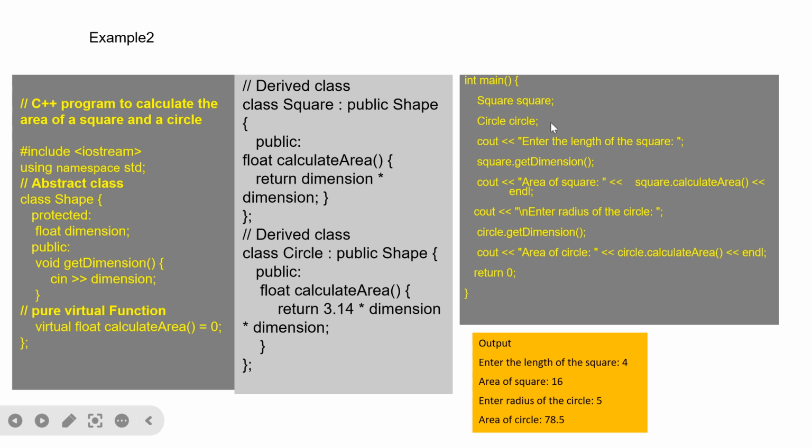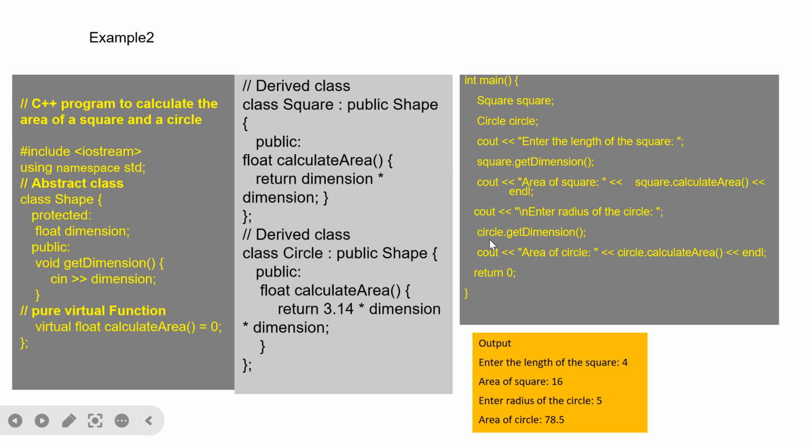Now I'm creating the object for the square and for the circle. Now using the objects, I'm calling the functions which you have given definitions for in the program. So when I call square dot get dimension, the square get dimension will start executing. Same way I can execute the circle object.